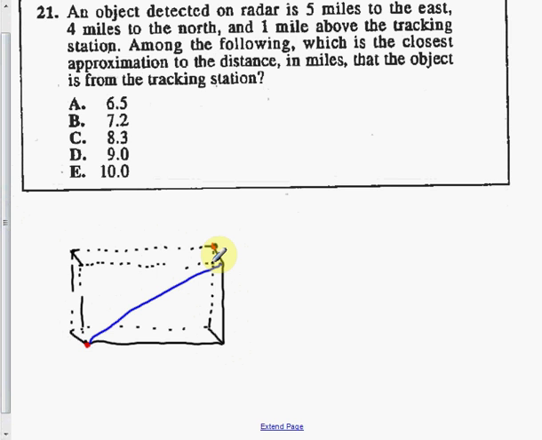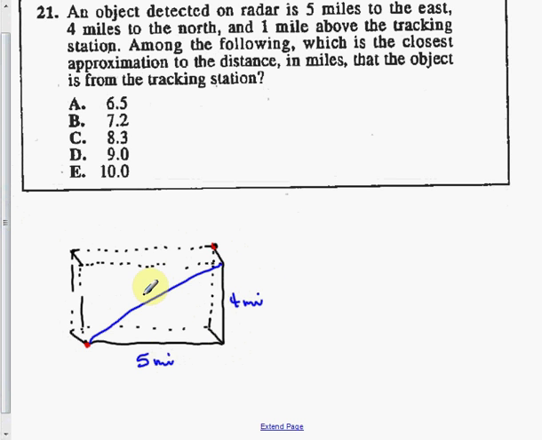and if you think about it, this forms a right triangle. This was 5 miles. Here then we're going up 4 miles.